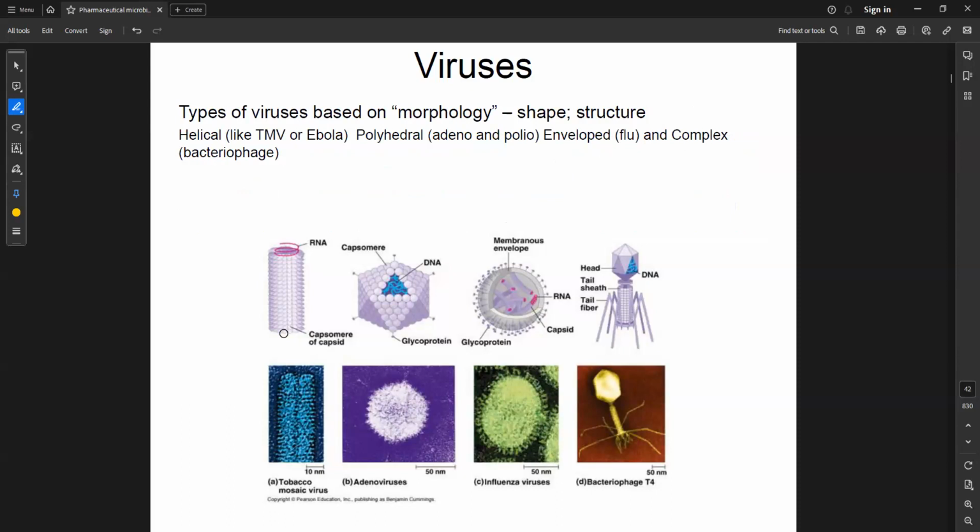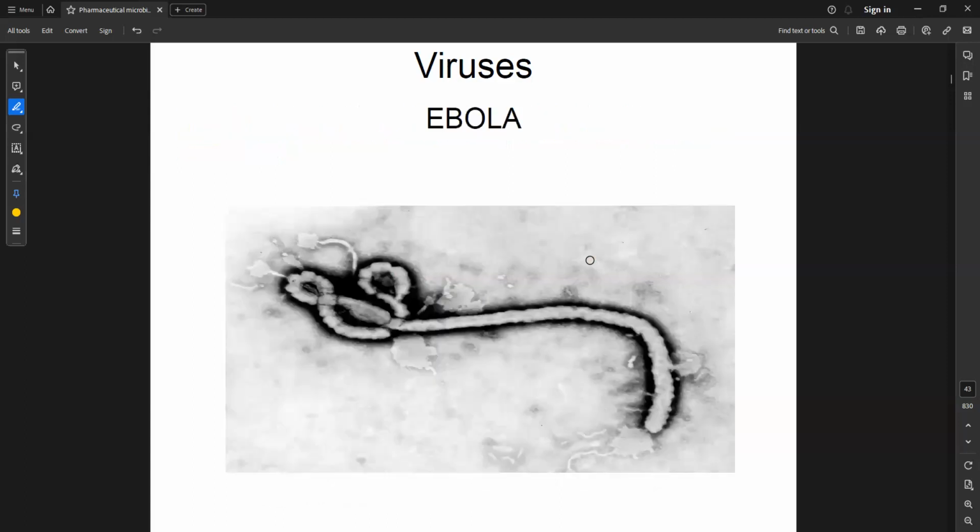So types of viruses, the morphology, we have the shape and the structure. We have the helical shape, and you can see that here. And then we have polyhedral, which is adenovirus and polio, for example, enveloped, which is flu, and complex bacteriophage. So we have different types of viruses.